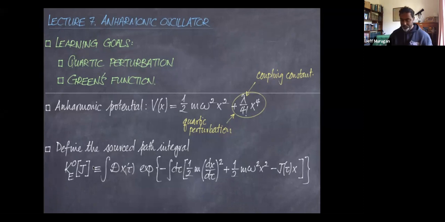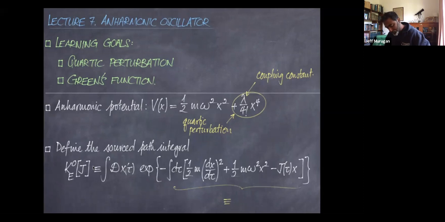Okay, so this is the object that we want to consider. Now, internal to this object is an integral over tau, this guy here, which I'm going to use to define the Euclidean action.